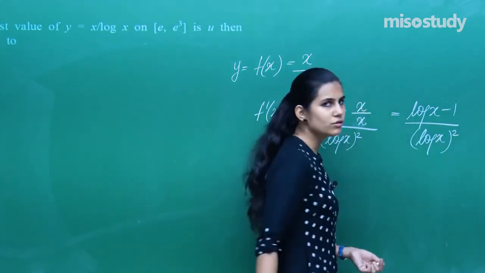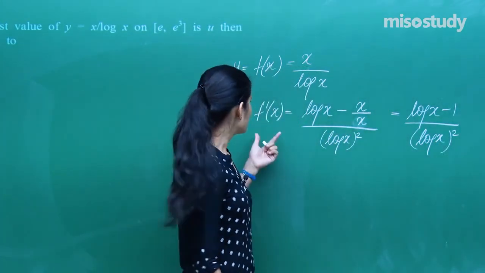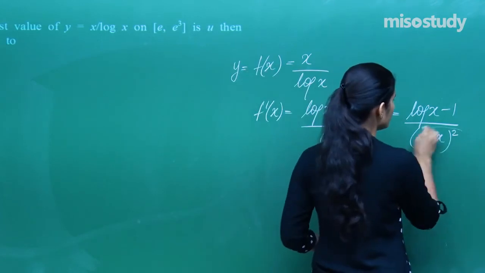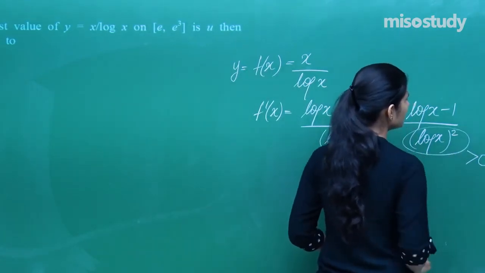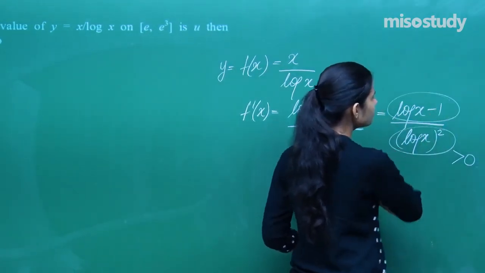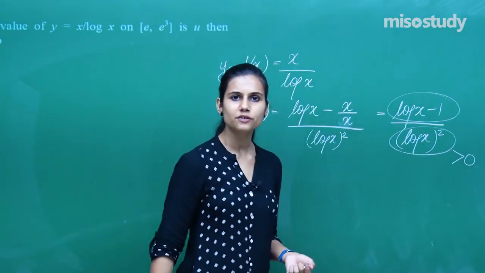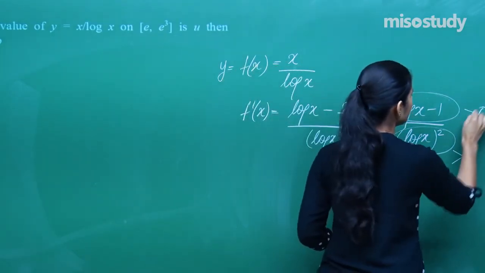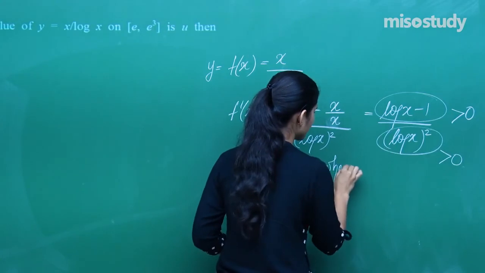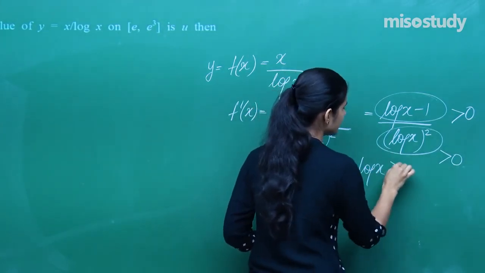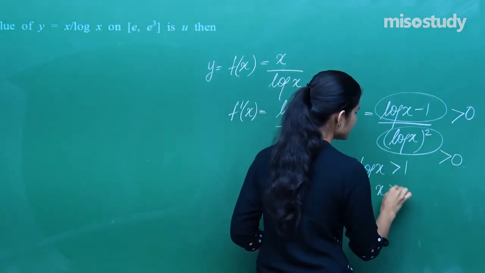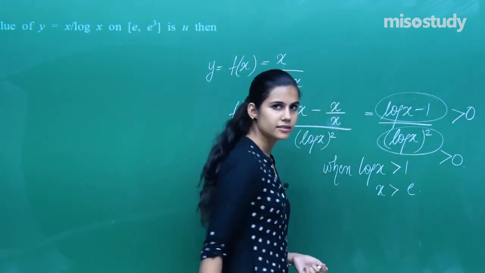Now I want to talk about this increasing function. So f dash x I want to be positive. You all know the denominator is always positive. If the numerator is also positive, this entire fraction will be positive. So this will be positive when log x is greater than 1 or x is greater than e.